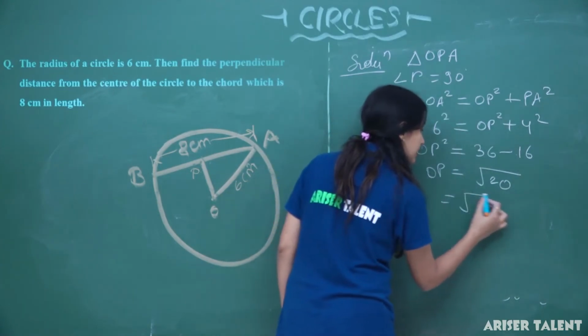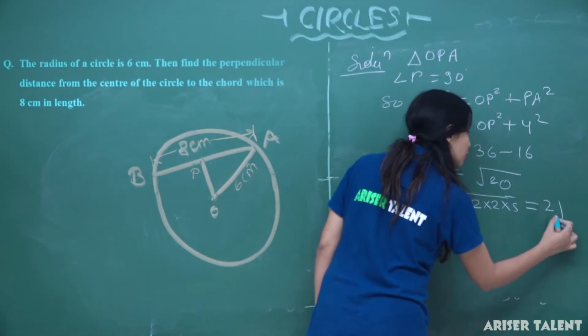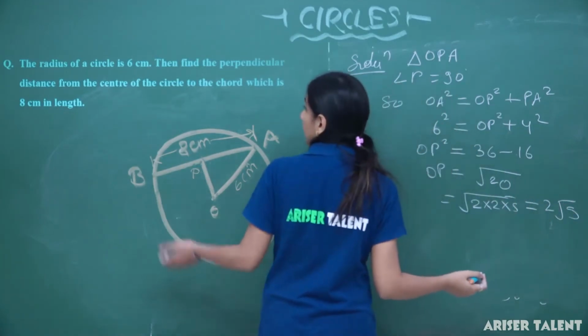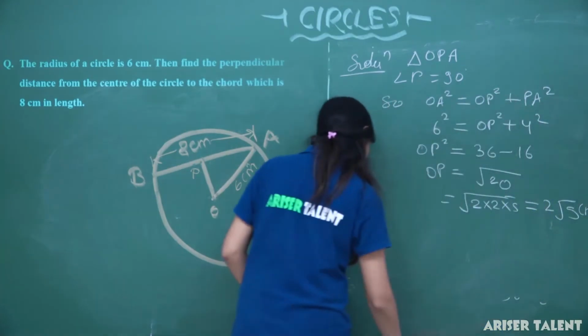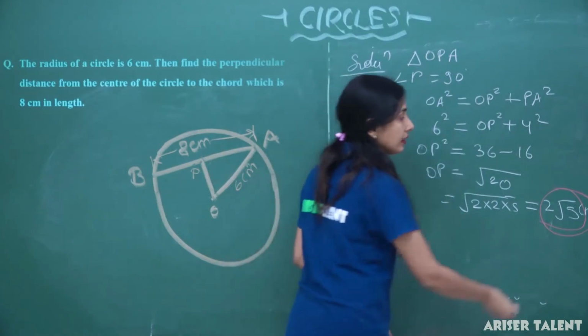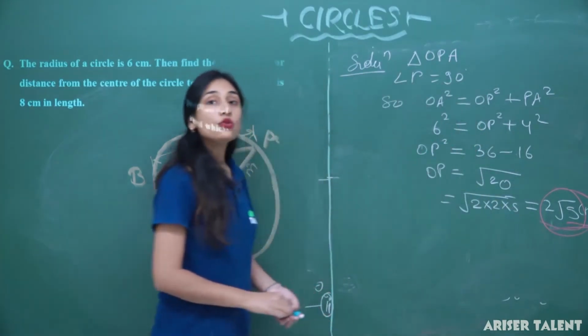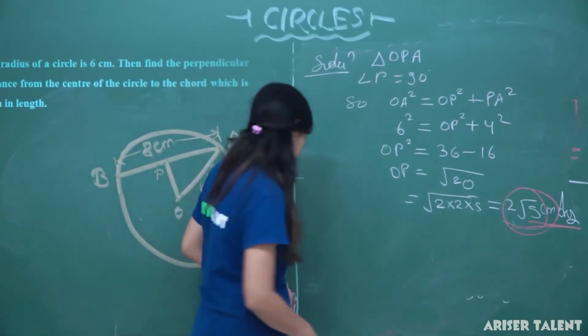If you solve this, that will be 2 multiplied by 2 multiplied by 5, that is 2 root 5 centimeters. So, this will be your answer. Mark this. This is your answer, right, students? 2 root 5 centimeters. Okay. So, note this solution, right?